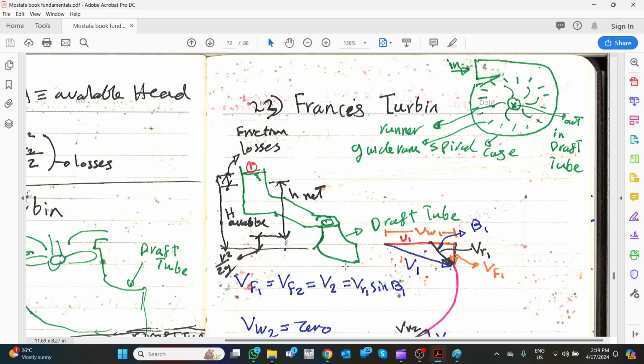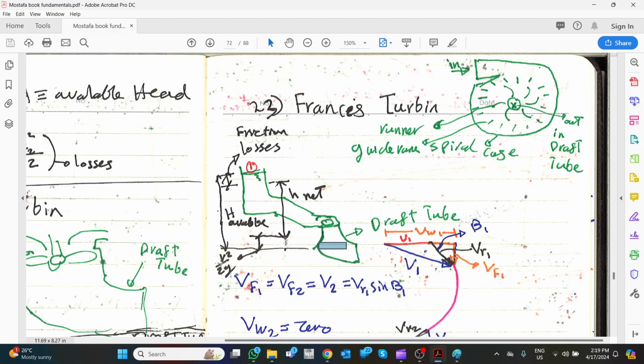Otherwise, if the velocity didn't escape, the velocity would be zero, which means flow is zero, and there is no power extracted. So we need to let the water go with some velocity to keep the flow rate running to get the power. But we try to keep this velocity as low as possible. How? In the draft tube, keep a bigger diameter. That's it.